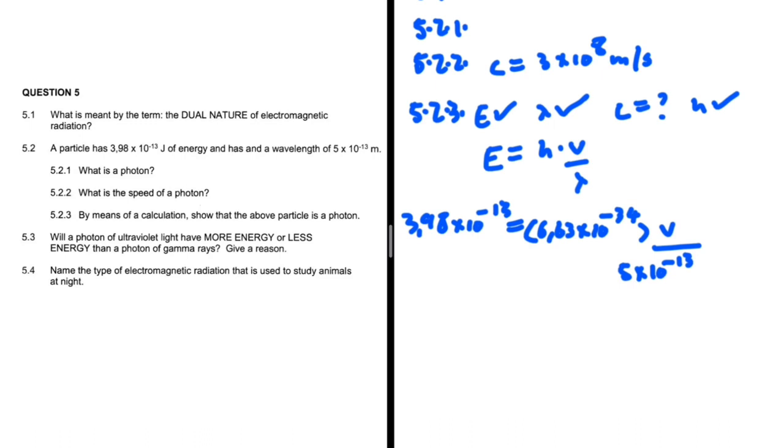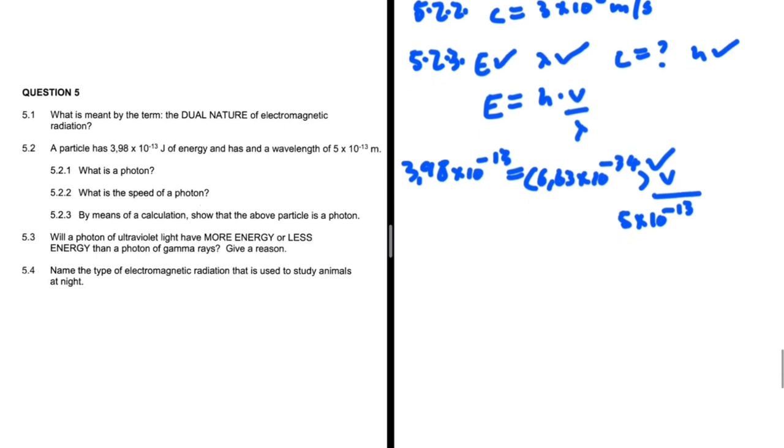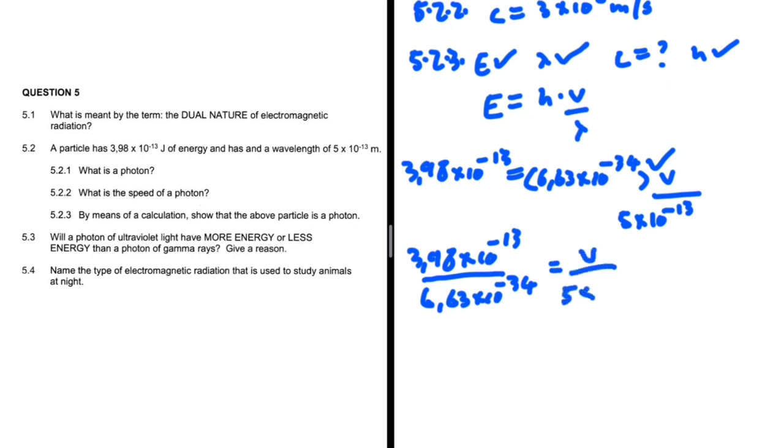So let's go ahead and divide both sides by Planck's constant. So we're going to have 3.98 times 10 to the minus 13 divided by 6.63 times 10 to the minus 34, being equal to V divided by 5 times 10 to the minus 13. We divided both sides by Planck's constant.